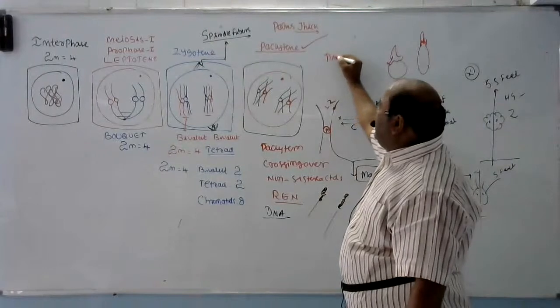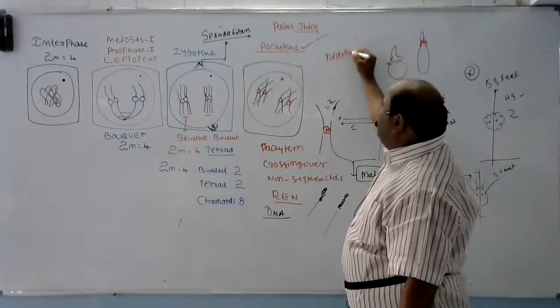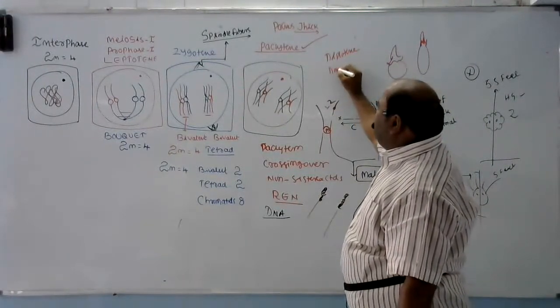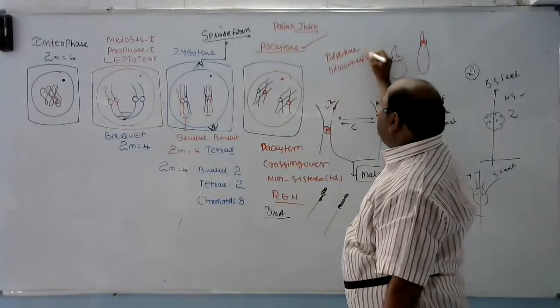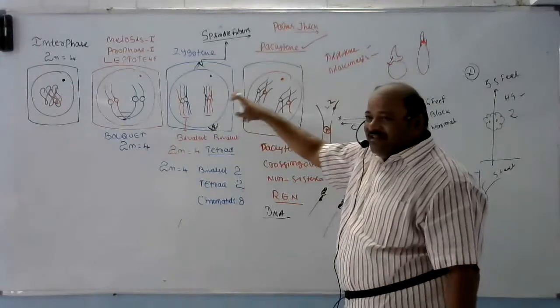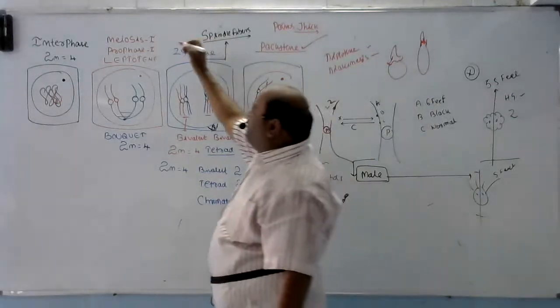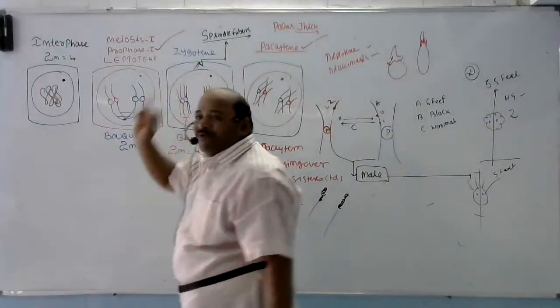Tomorrow we will discuss the remaining two stages. One is diplotene, another one is diakinesis. Before we start to explain these two, we will recall this once again. Then we will complete prophase.